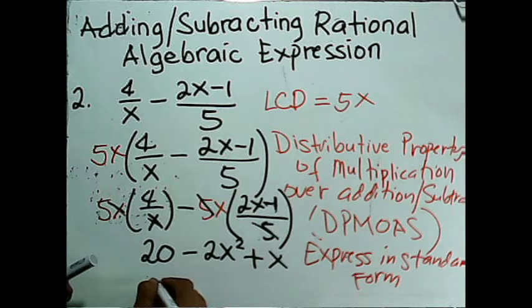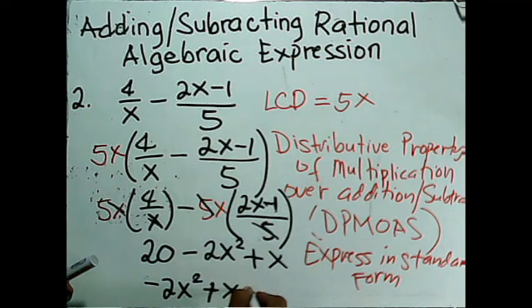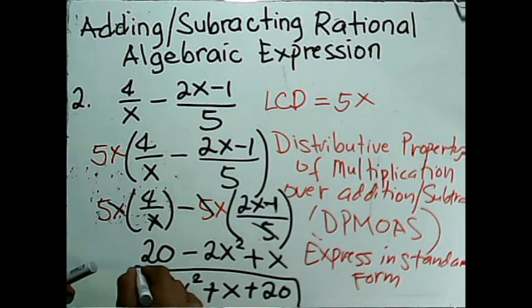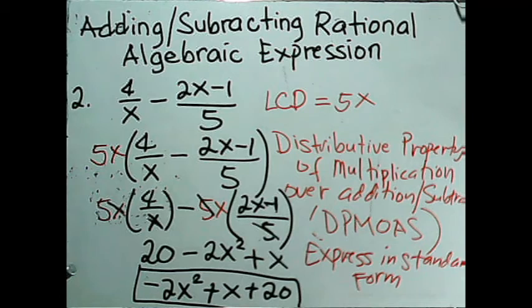So this will become negative 2x squared plus x plus 20. So this is our quadratic expression: negative 2x squared plus x plus 20.